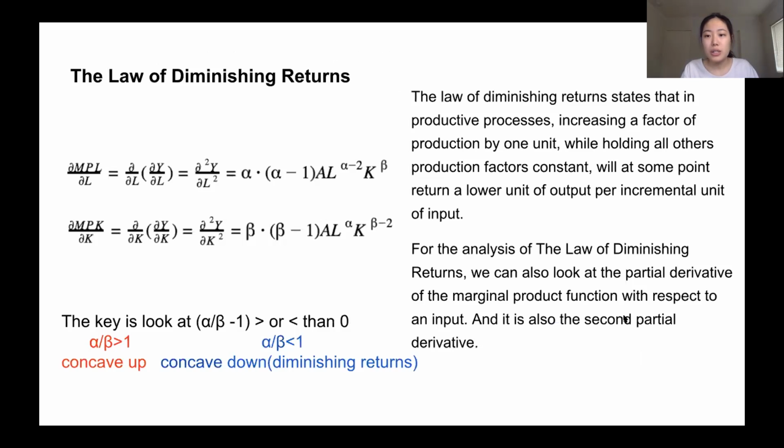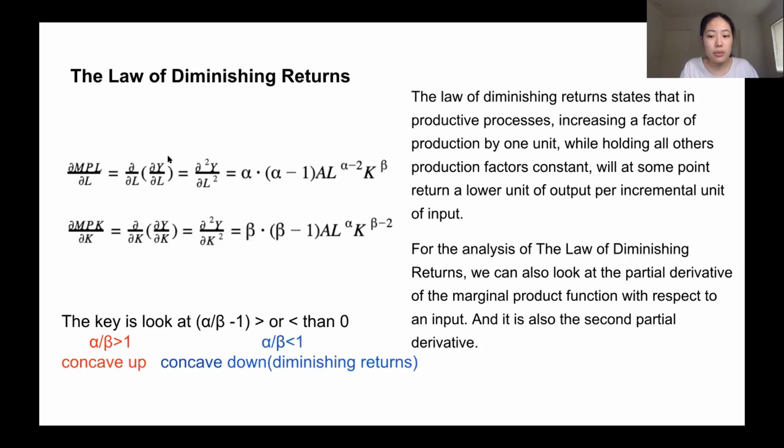The law of diminishing returns says that in a productive process, increasing a factor of production by 1 unit while holding all other production factors constant will at some point result in a lower unit of output per incremental unit of input. To analyze this, we can look at the partial derivative of the marginal product with respect to that input.